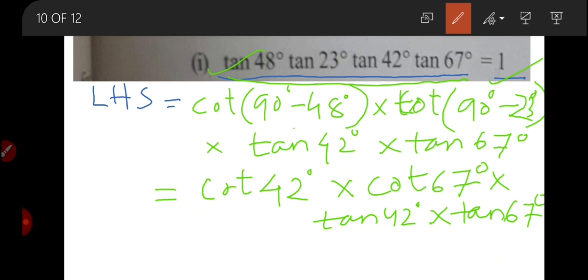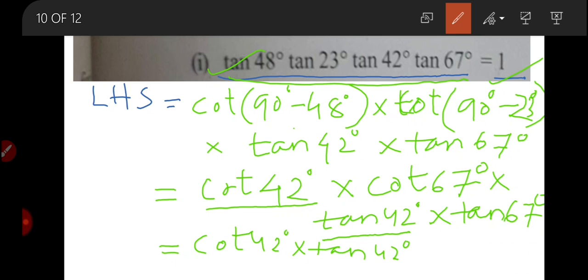Cot 42 degree and tan 42 degree are reciprocal. So if you multiply them, cot 42 degree into tan 42 degree, rearrange them, then cot 67 degree into tan 67 degree.